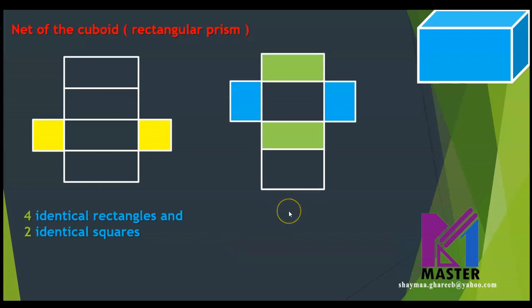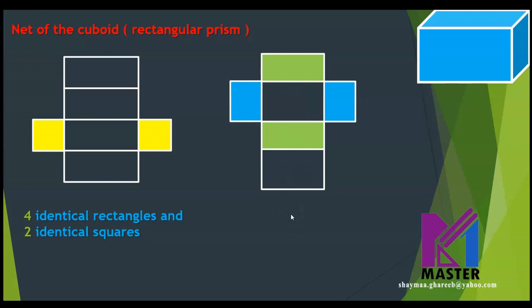Now look at this net. What is the difference between this net and this net? Look at these faces here. This face and this face are opposite to each other, and they have a different size than these 2 faces.